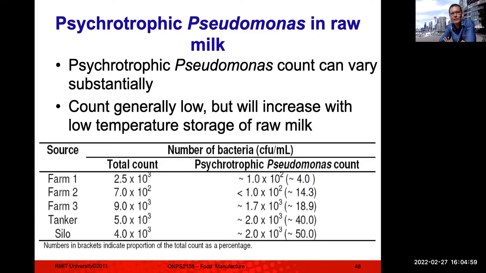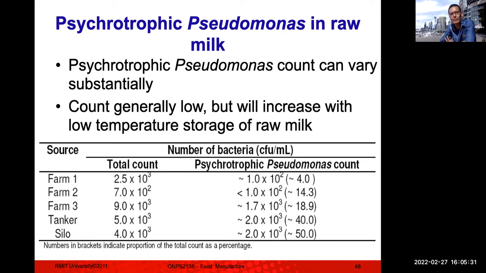Psychrotrophic Pseudomonas counts can vary substantially, and it's really related to the conditions in which the milk is produced, or the cattle are managed. The counts are generally low, unless you've got a milking environment or a pasture environment which is particularly conducive to mastitis or some other veterinary medical issue like that.